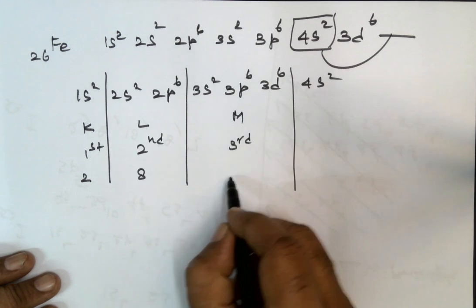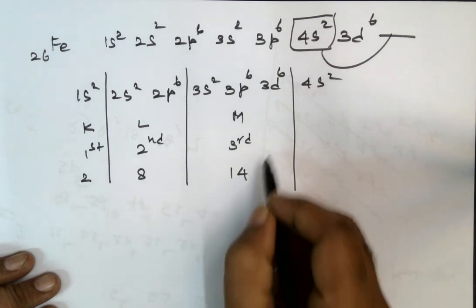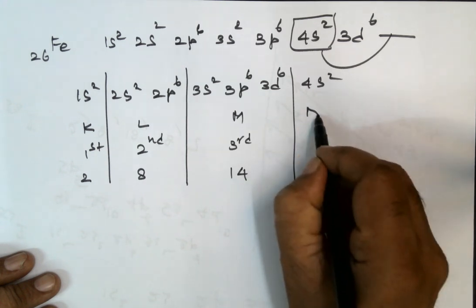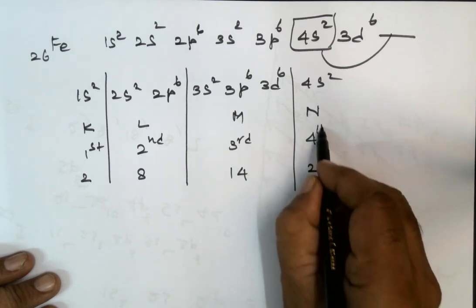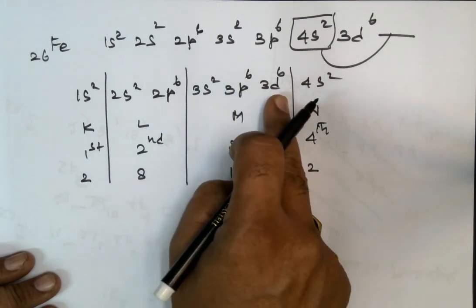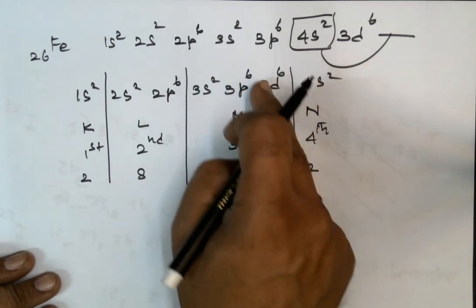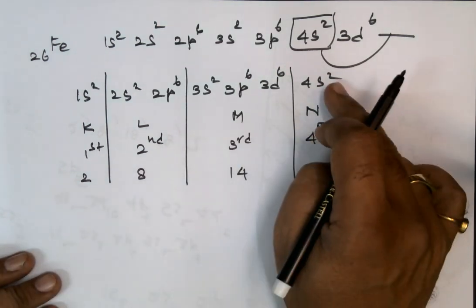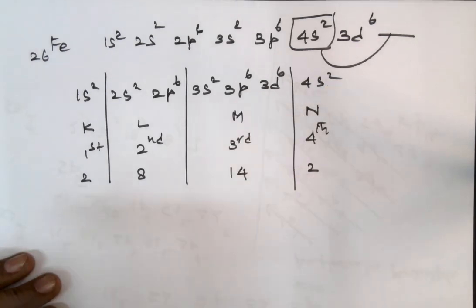Okay, 14 only. And here it is 2. And this is the N shell, that is the 4th shell. Usually we have to fill up these two. Actually, it should be written as 3d8. But according to Aufbau, you have to fill up this and come back.